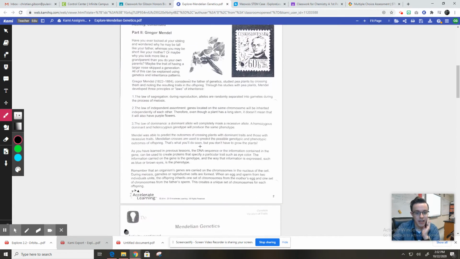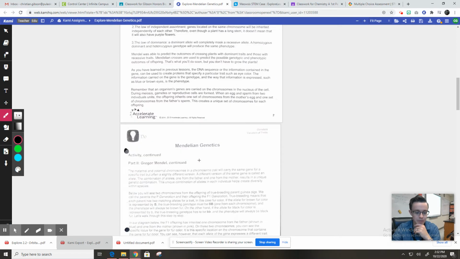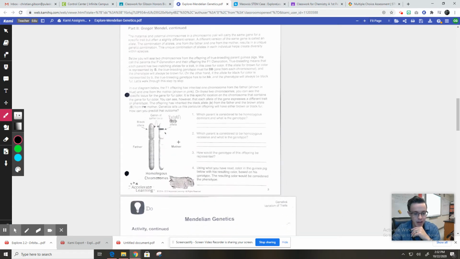Then in part two, it gives you the background on Gregor Mendel and all his experiments and kind of all that stuff. Here's a picture of him. And then that continues on to this page where you have two chromosomes here, a father and a mother. So this is inherited by one chromosome from the dad, one from mom.